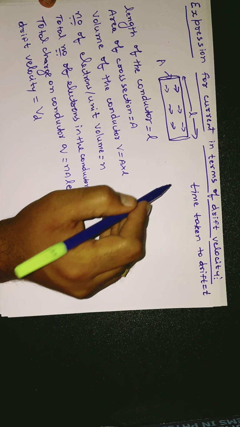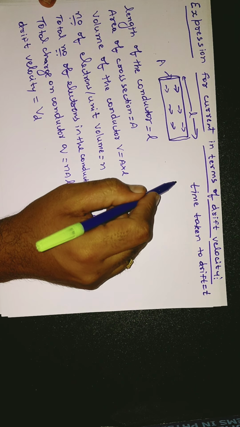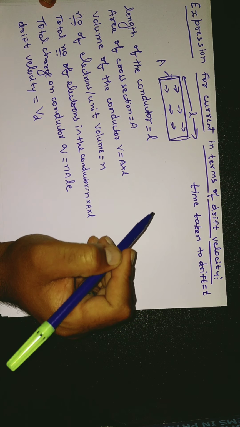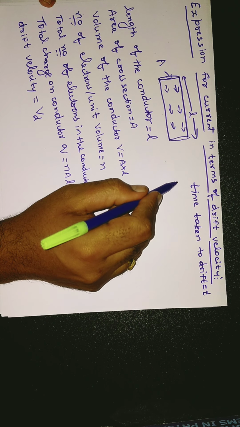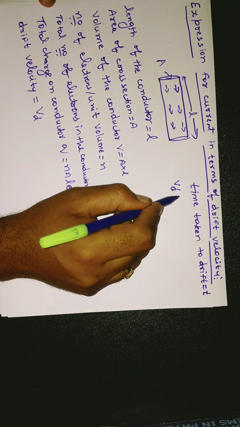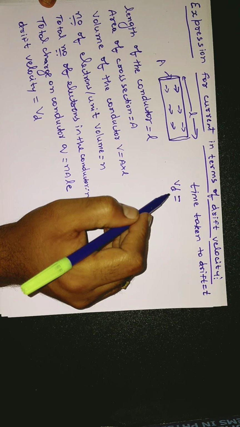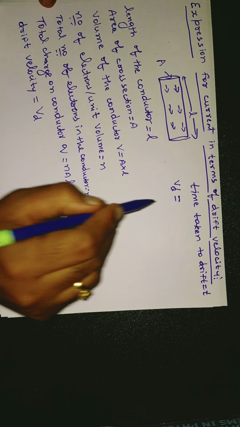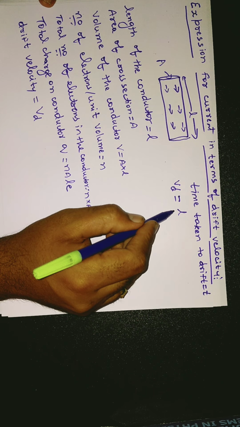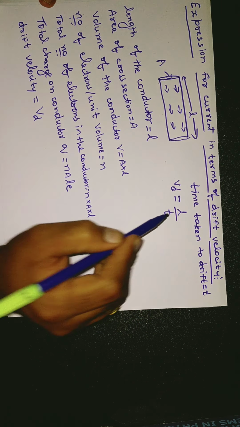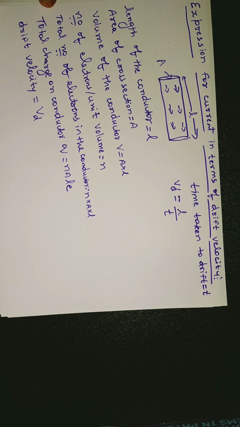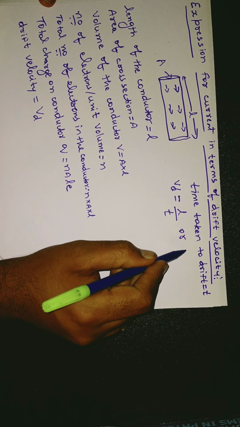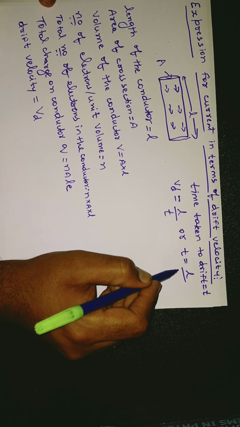Now you know that drift velocity, which is velocity, is distance travelled by time taken, so the length of the conductor by time taken. So drift velocity is L by T, or T is L by Vd.